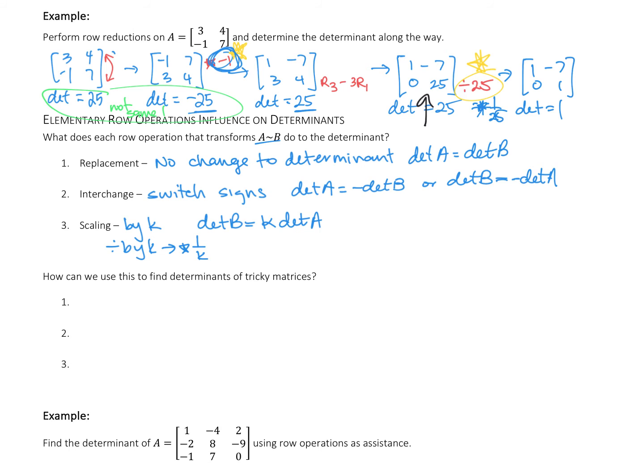So the first thing we're going to do is use our row replacements to transform A to be a triangular matrix.